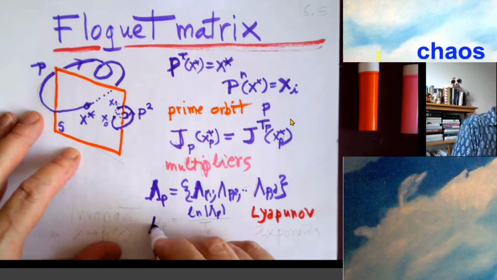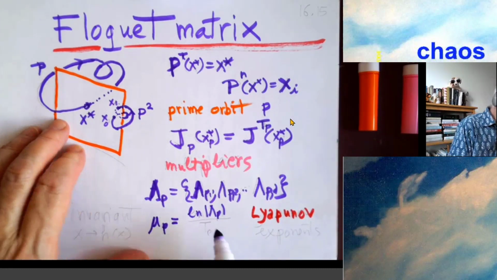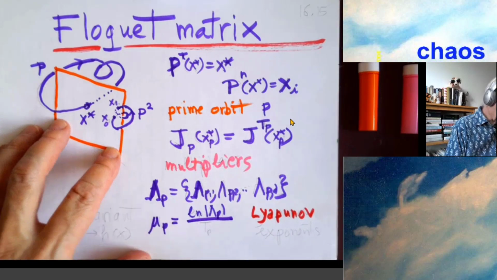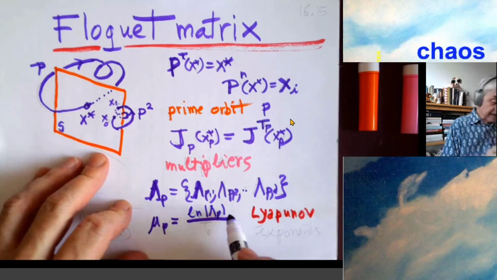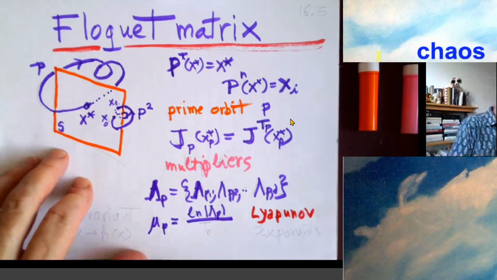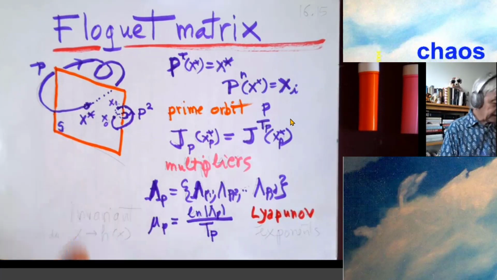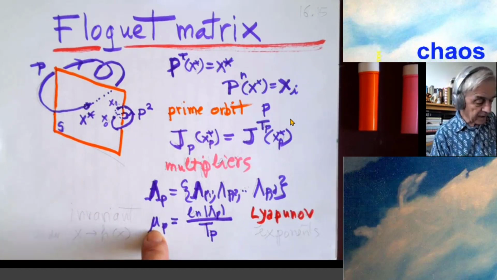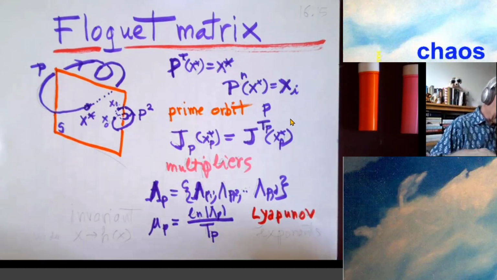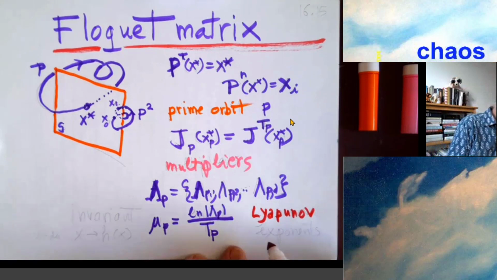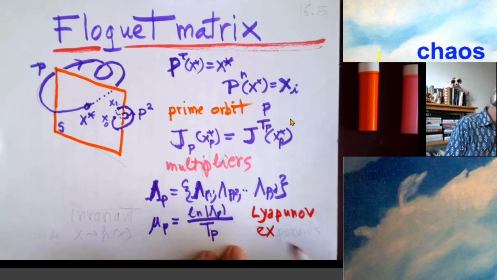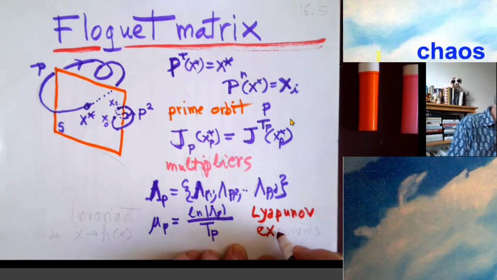And now every periodic orbit will have this number, which is, I go around once, I stretch by 17, I divide this by the period, and I get an intrinsic rate. And this one has the name of a Russian nobleman who was competing or learning from Poincaré at the end of the 19th century, Lyapunov.